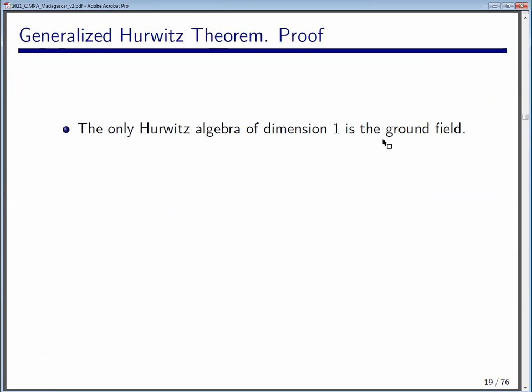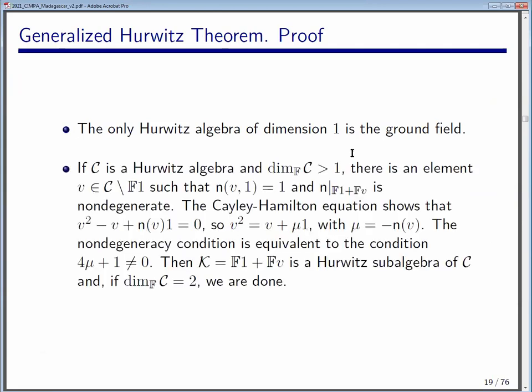A unital algebra of dimension 1 is, up to isomorphism, the ground field. So we are finished.